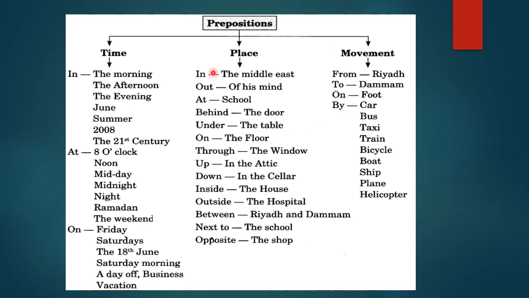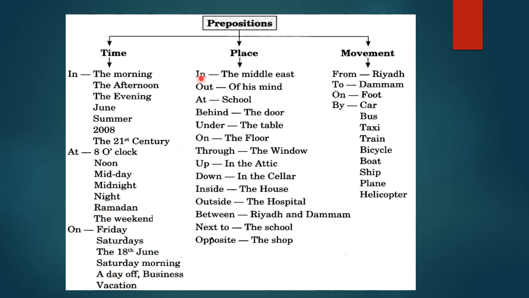I'm going to read this for you all. Time: in the morning, the afternoon, the evening, June, summer, 2008, the 21st century; at 8 o'clock, noon, midday, midnight, night, Ramadan, the weekend; on Friday, Saturdays, the 18th June, Saturday morning, a day of business vacation. So these are all preposition of time, in, at, on.